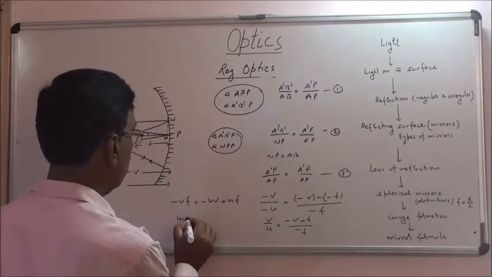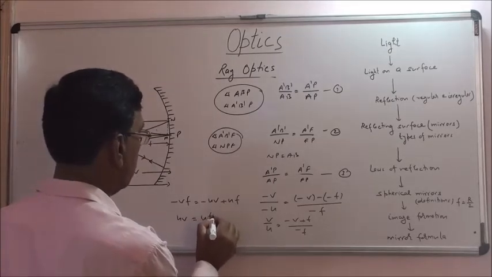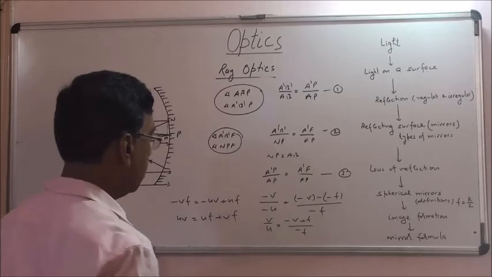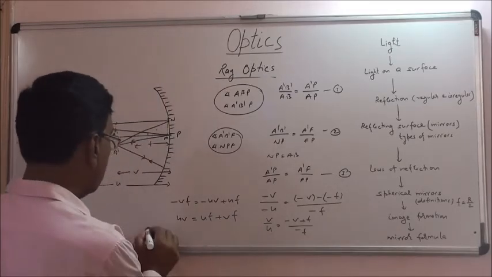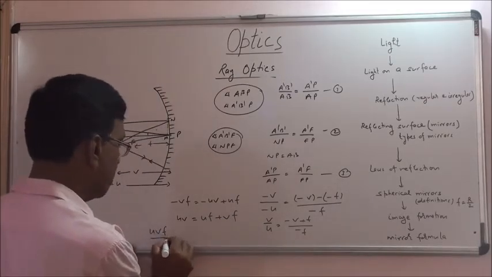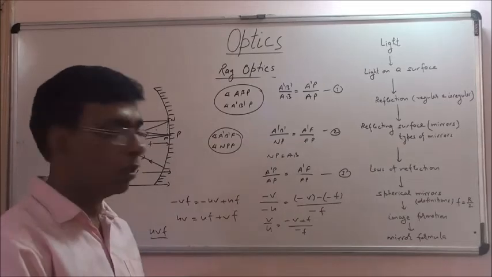Okay, or UV is equal to UF plus VF. Now we can divide it by UVF. It doesn't make any difference if we divide by a term common to all.